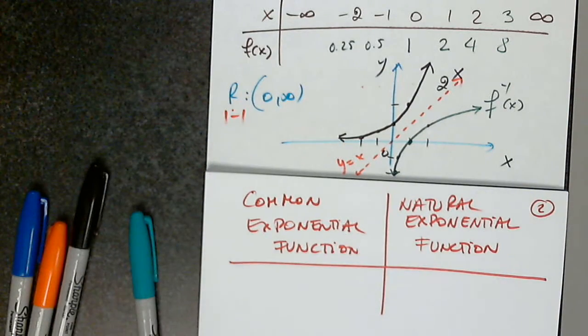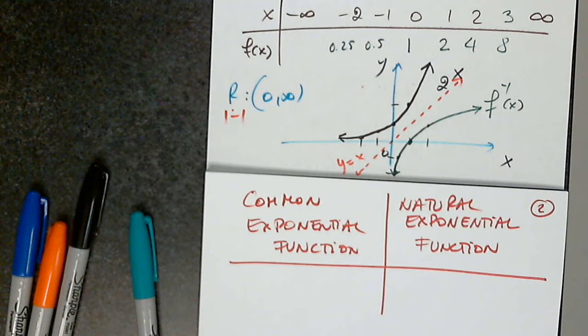Let me show them to you in the graphing calculator for a second. They are so important they have their own key. See with the blue, second, and here 10 to the x? That's the common exponential function, forgive me. So second and 10 to the x, and the other one is right here.